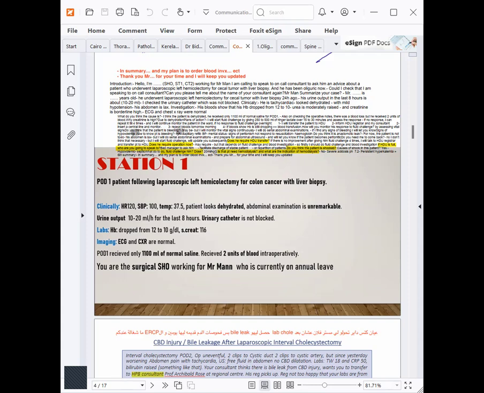He is clinically tachycardic, mildly hypertensive, looks dehydrated, and his abdomen is lax. His investigations: hemoglobin dropped from 12 to 10, and his urea is moderately elevated, creatinine borderline, and ECG and X-ray are normal.